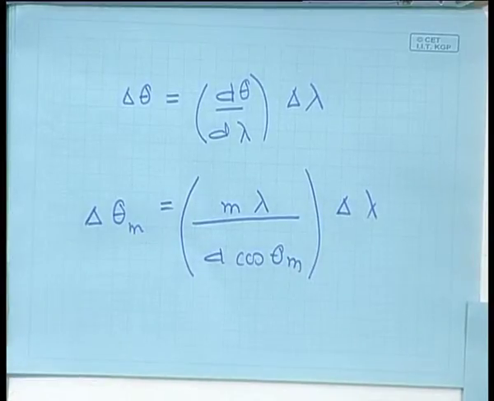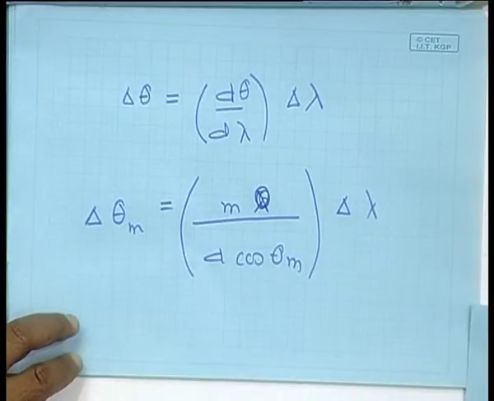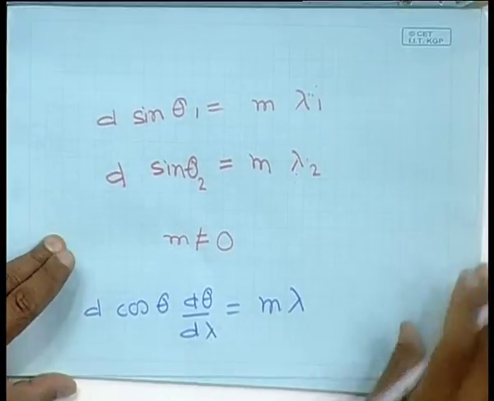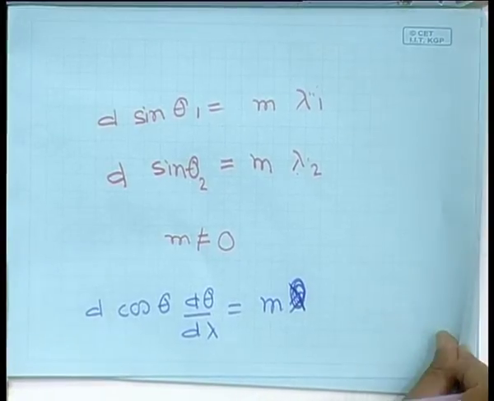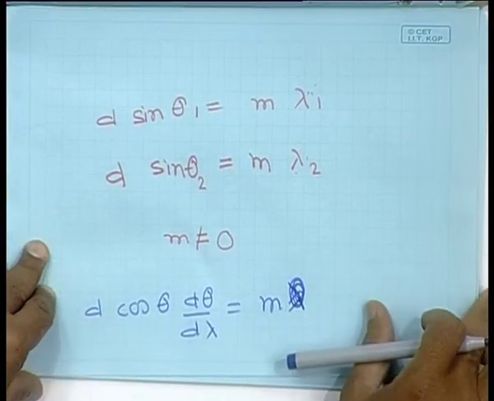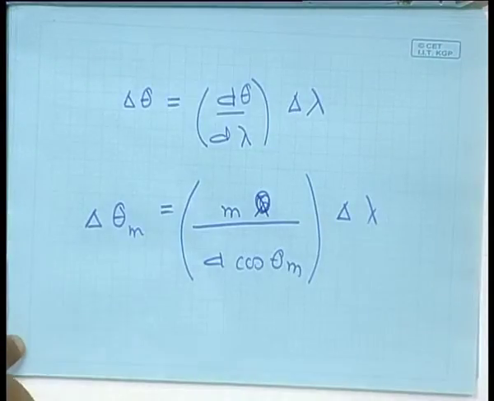Oh sorry, this lambda will not be there. When I differentiate with respect to lambda, this lambda is going to vanish, and this is going to give me 1 basically. So d theta by d lambda is equal to m by d cos theta m, and this is the condition.